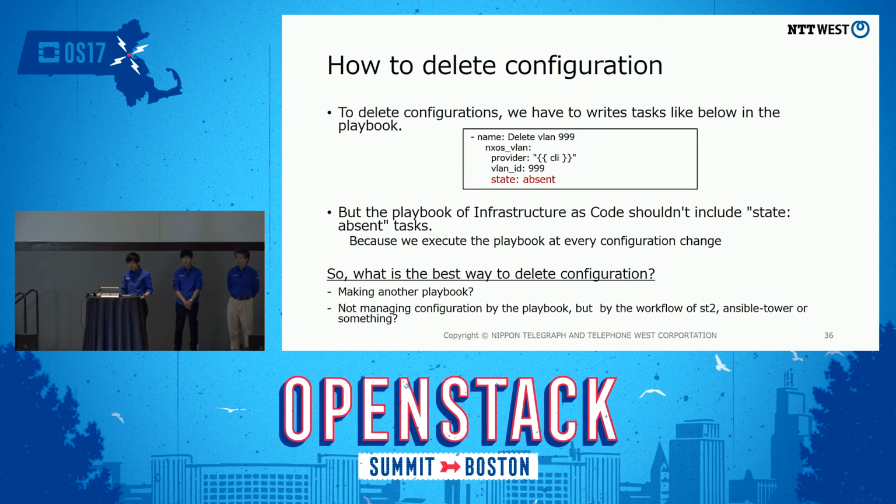The line state absent is needed to delete VLAN 999, but the playbook of infrastructure as code shouldn't include state absent tasks because we execute the only one playbook at every configuration change. We don't want to make VLAN 999 and delete VLAN 999 every time.